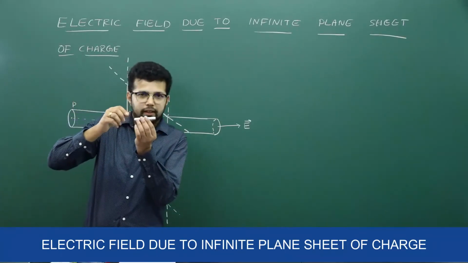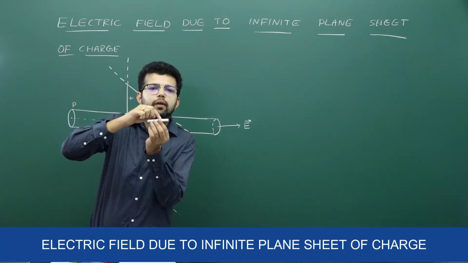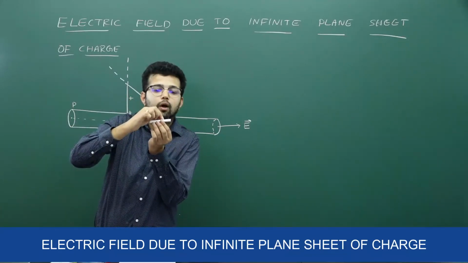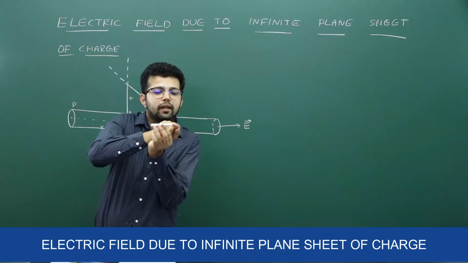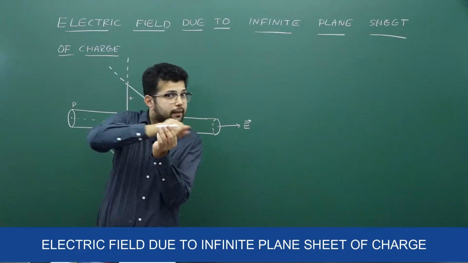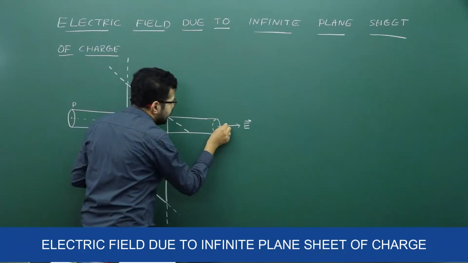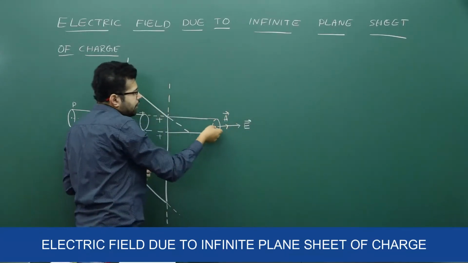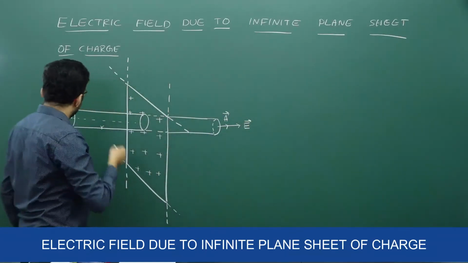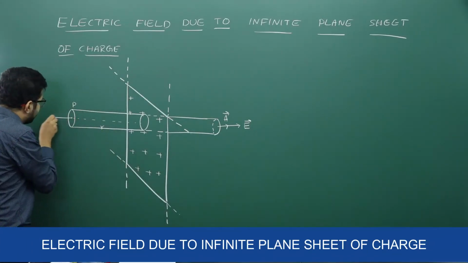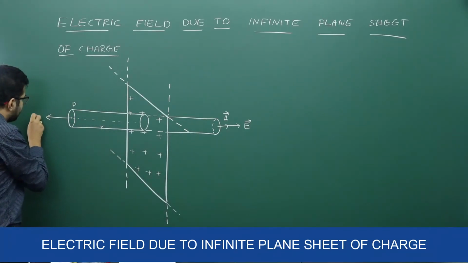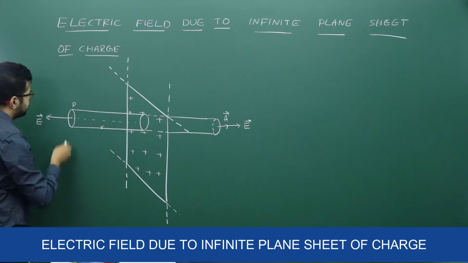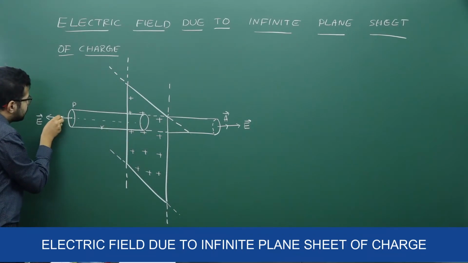If this is a cylindrical surface, at this point the area vector is upwards, it is the outward normal. Here the area vector is the outward normal in this direction. So, here the area vector is also outward, and the electric field is also outward. On this face also the electric field is outward, because the electric field due to positive charges is away from the positive charges. The area vector is also outward.